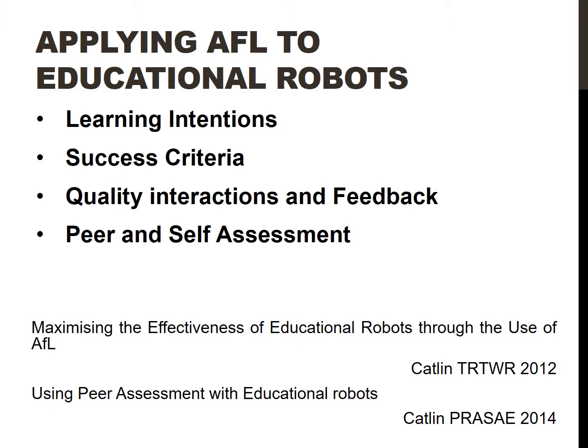The other thing, of course, is quality interactions and feedback. This is such a natural part of educational robotics, and we've all experienced situations where there are fantastic and concrete and real opportunities to discuss things with children. Educational robotics are very natural for supporting peer and self-assessment.